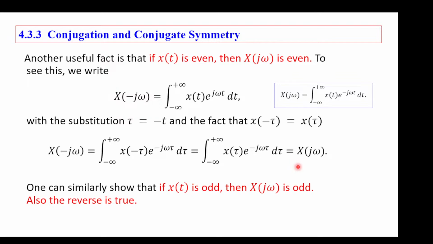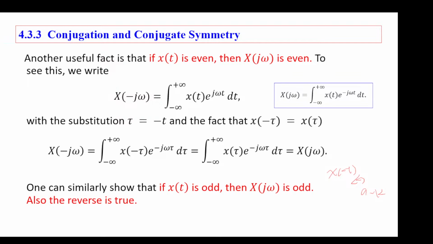That's because if you do time reversal on x of t, x of minus t goes to a of minus k, and here it is a similar reason.